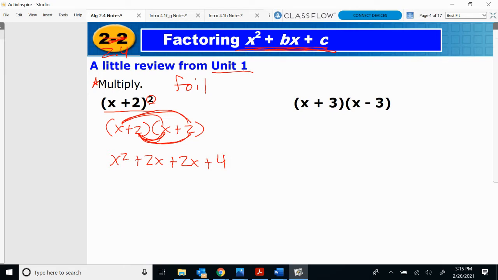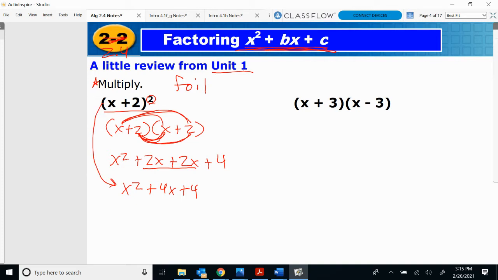All right, then we could combine our like terms in the middle and we would get x squared plus 4x plus 4. All right, so that's something we did in Unit 1. We multiplied problems like this to get that answer right there.